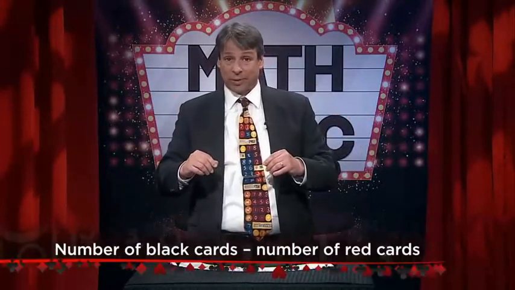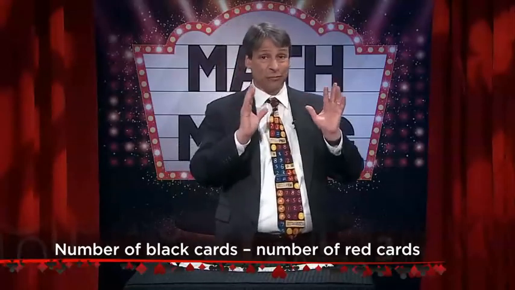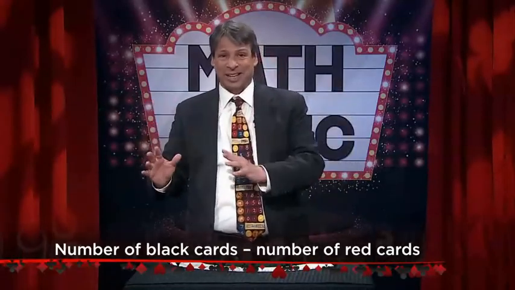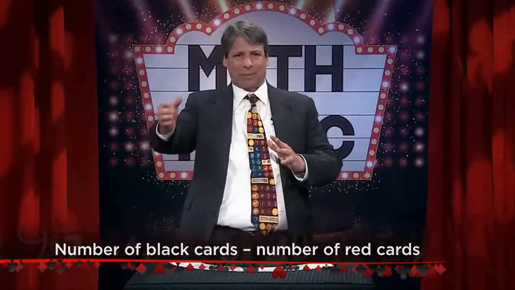So now I want you to take those two numbers and subtract them. Okay, so the number of black cards in the first pile minus the number of red cards in the second pile. All right, I'm going to try and figure out the answer to the subtraction problem using a little bit of forethought. I thought so. It's 4, right? Good.